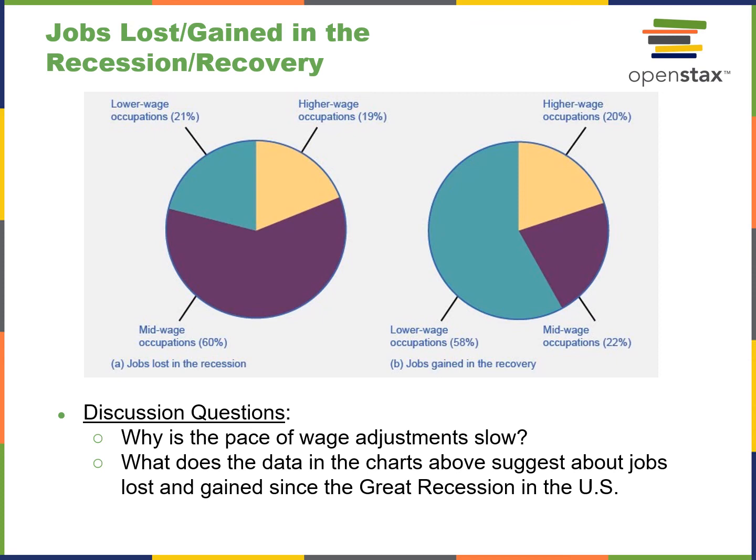And here you see that lower wage occupations comprise 21%, 19% higher wages, and then there's the middle ground. And then when jobs recover in the economy, when there's more jobs available and more competition for labor, higher wage occupations comprise 20%, mid-wage shrinks to 22%, and lower wage occupations comprise 58%.